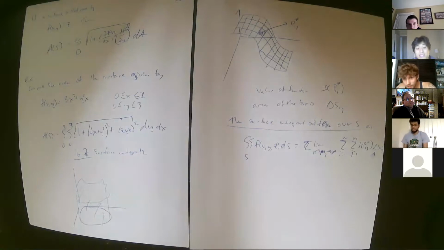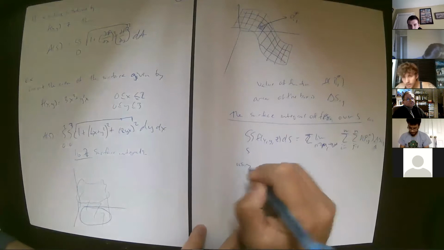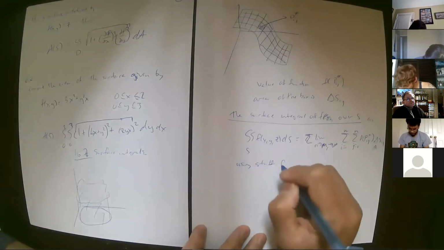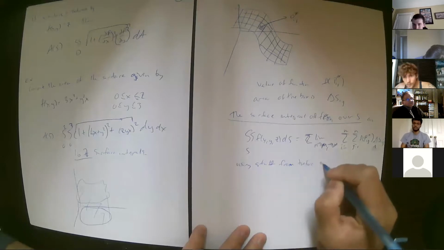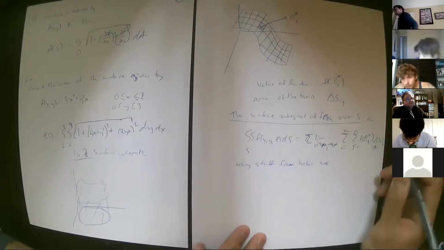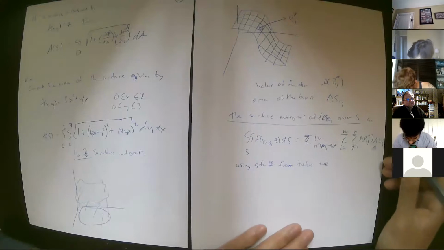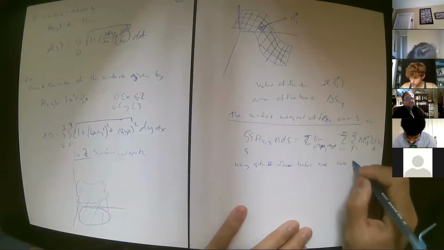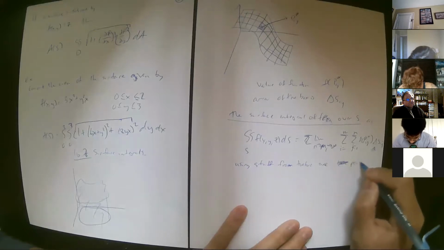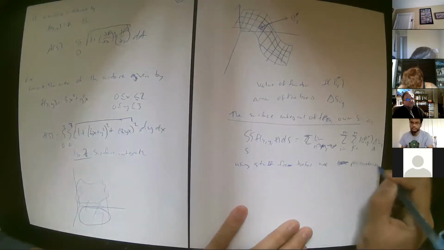So what does that mean? We need to make a parameterization first. So using stuff from before, we parameterize the surface.